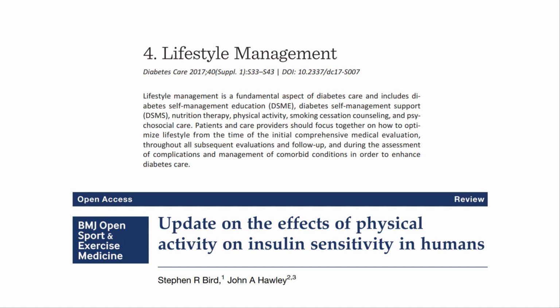So diet and exercise. There's lots of debate about what the best diet is, but basically a diet that's rich in whole foods, lots of different vegetables, that has a tailored total caloric intake to promote weight loss if they're overweight, or at least a steady maintenance weight if they're not, with plenty of fruit and vegetables.